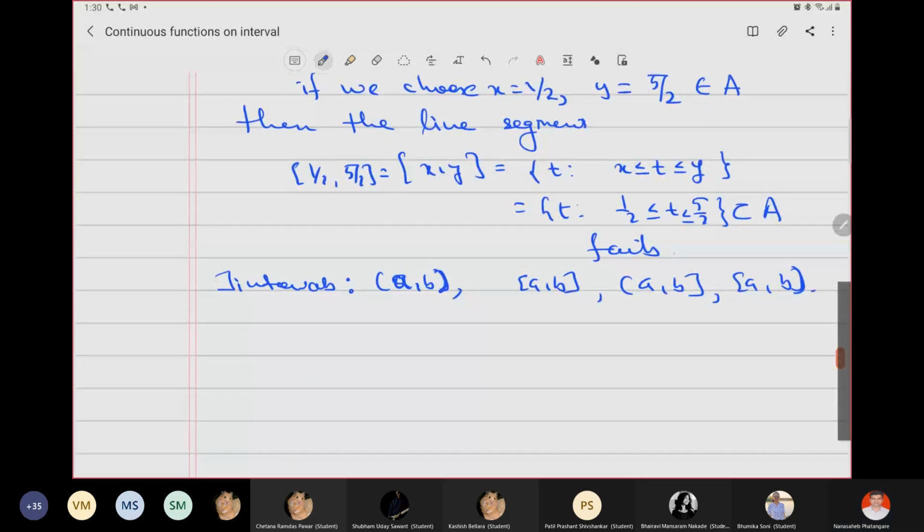So the interval I is equal to (A, B). What is this interval?